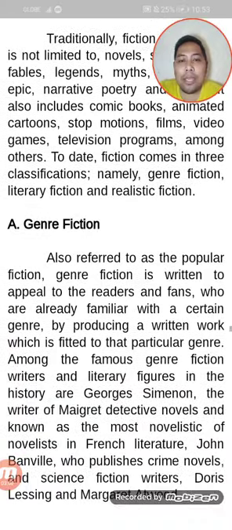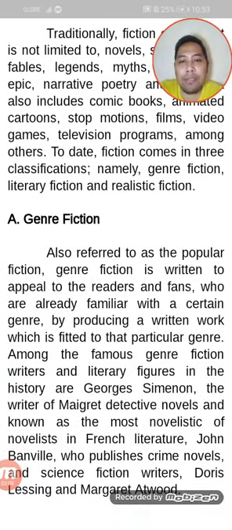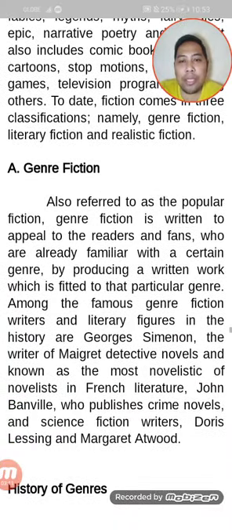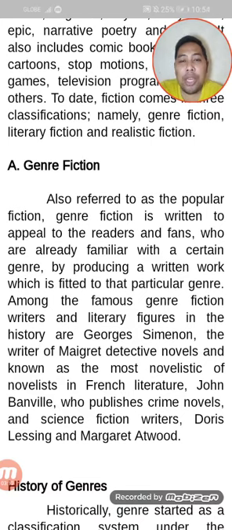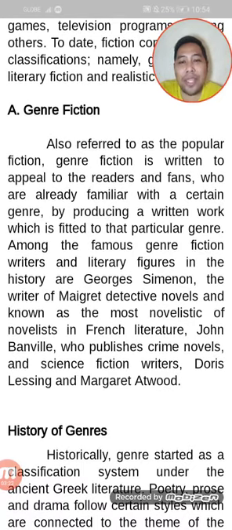Okay. One, letter A, we have the genre fiction, also referred to as popular fiction. Genre fiction is written to appeal to the readers and fans who are already familiar with a certain genre by producing written work which is fitted to the particular genre. Okay, so we have different topics or different themes.